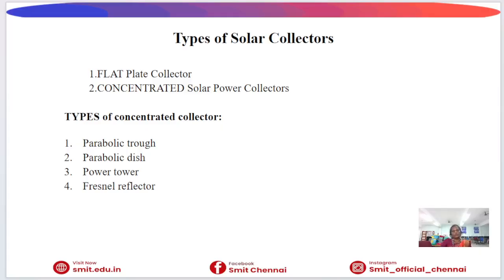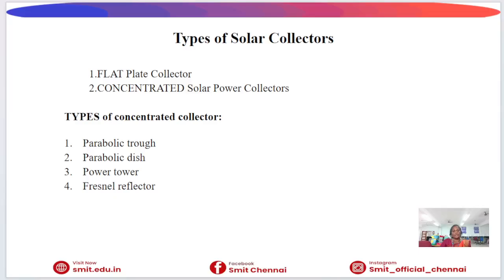Solar collectors are devices that capture solar radiation and convert it into thermal energy. There are mainly two categories: flat plate collectors and concentrated solar power collectors. Flat plate collectors are simpler and are used for low temperature applications.